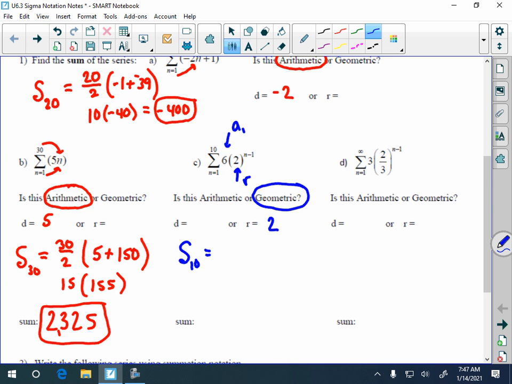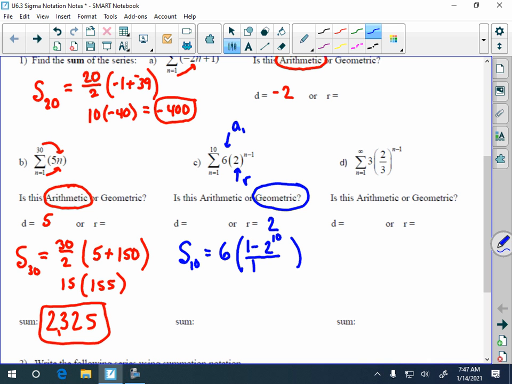And so the geometric finite formula is a1 times 1 minus r to the n over 1 minus r. So a1, we know is 6 times 1 minus r, which is 2. We're raising it to the 10th power.